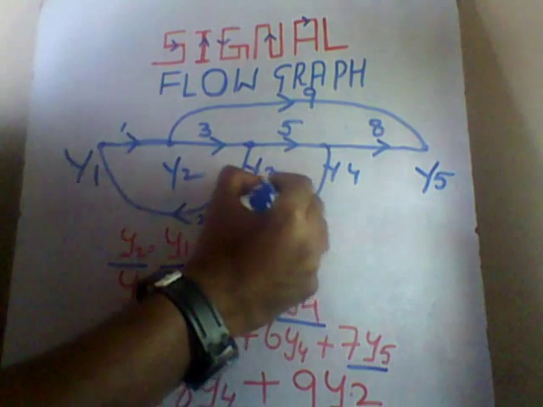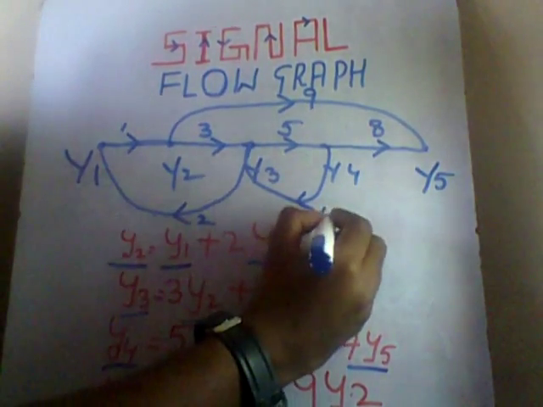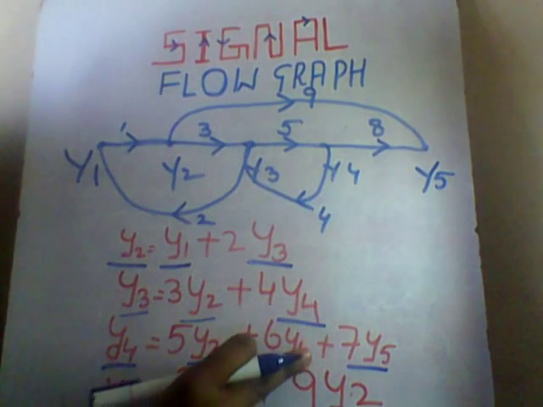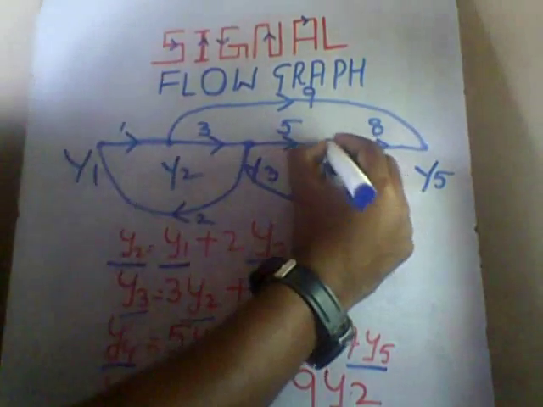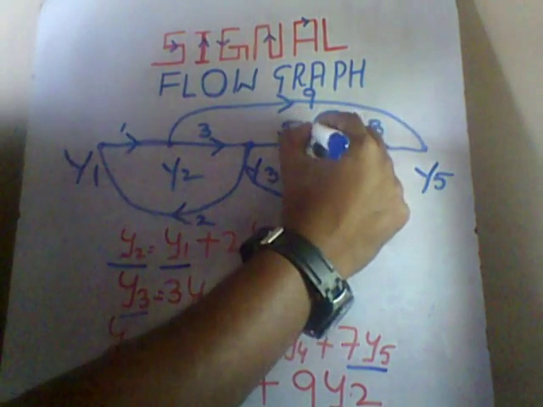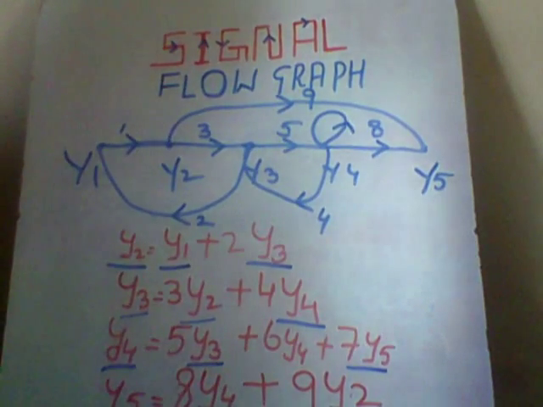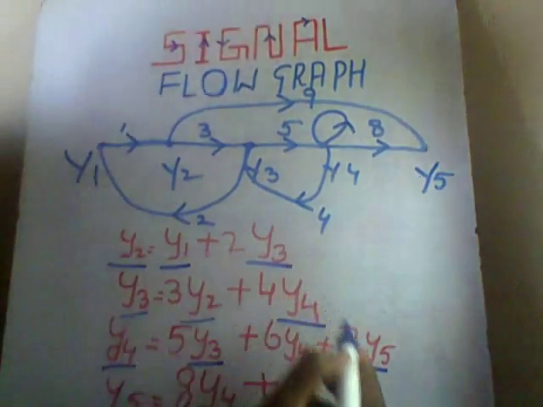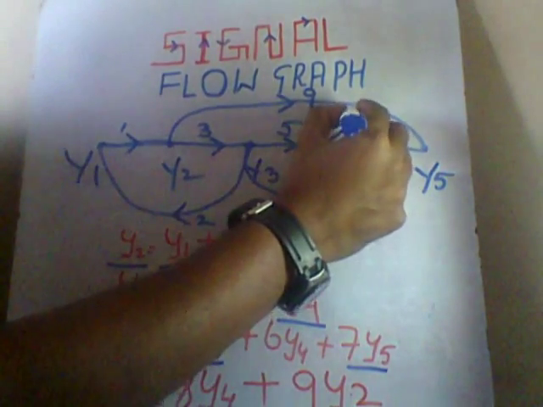This is y4 to y3 with a path gain of 4. Finish. Next y4 to y4, with a path gain of 6.